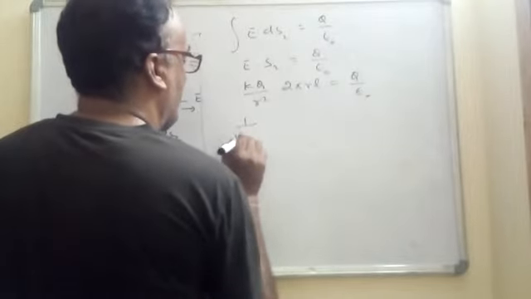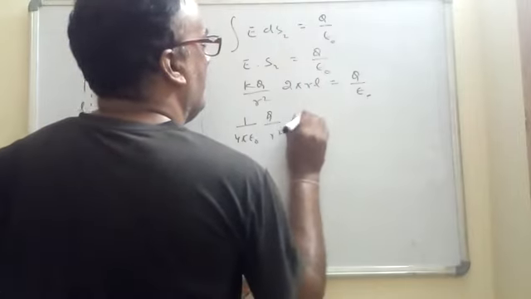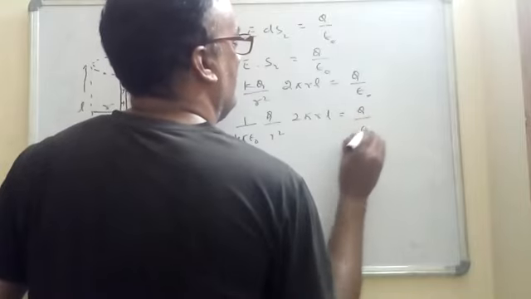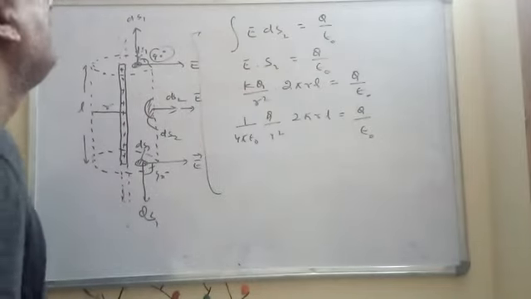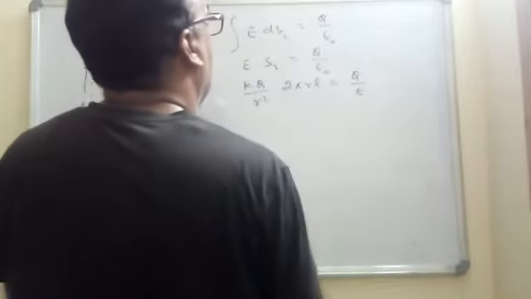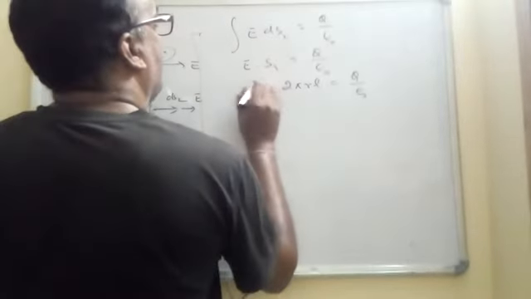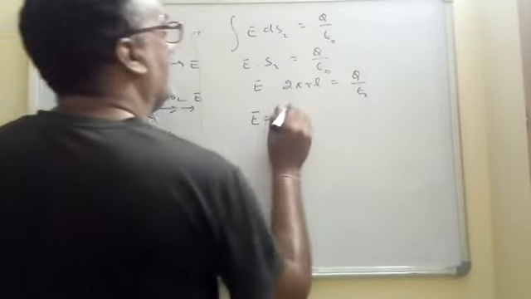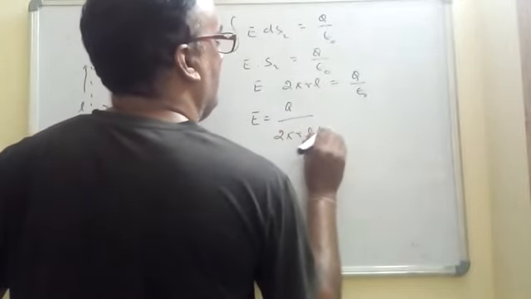We have to find the electric field only. So this electric field equals Q upon 2 pi R L epsilon naught.